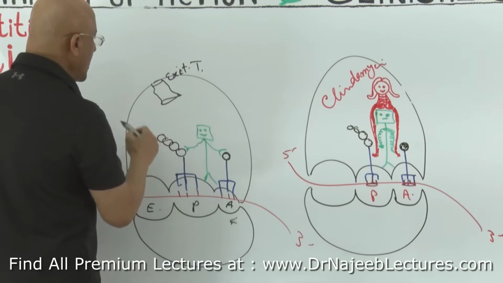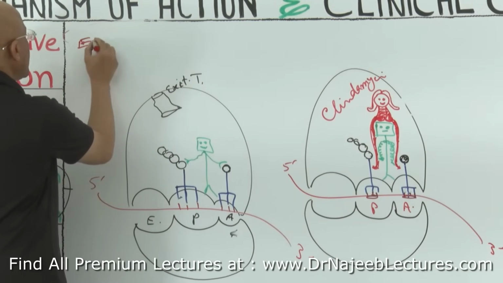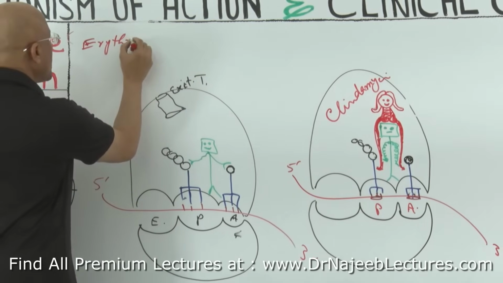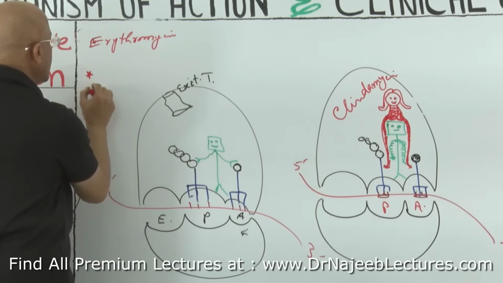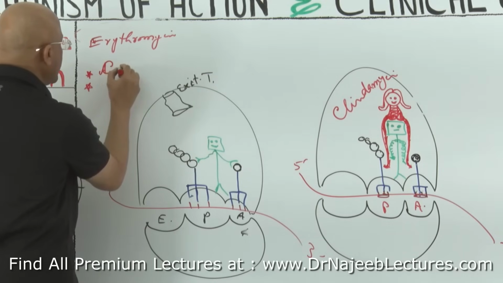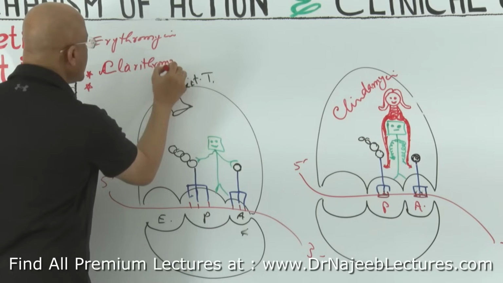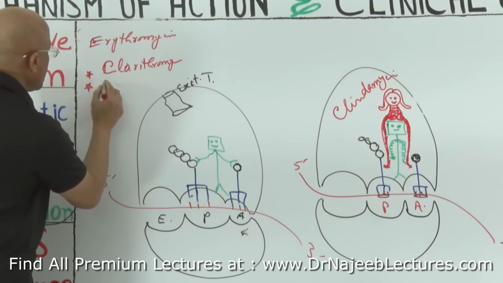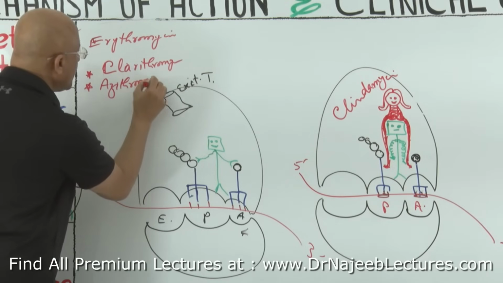Wow. Now here macrolide comes. Macrolide may be erythromycin, an example of an old macrolide, and new ones are, I will just write down two commonly used, clarithromycin, and another new commonly used is azithromycin, right?